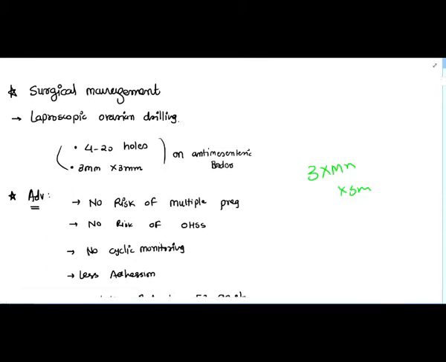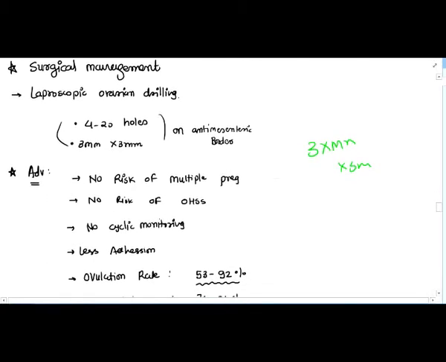What is the advantage of surgical management? There is no risk of multiple pregnancy like with clomiphene citrate. There is no risk of OHSS like with HMGs and even clomiphene citrate. Cyclic monitoring is not required. There is a very low chance of adhesions because the laparoscopic technique is so precise.